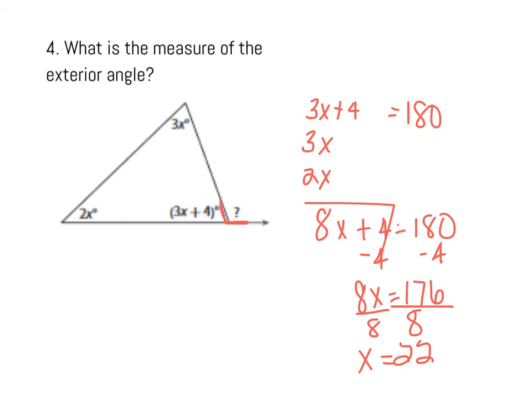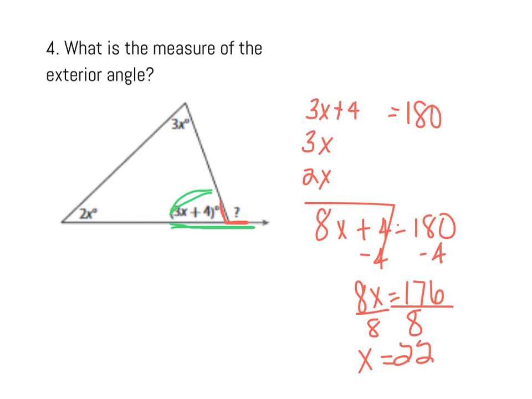So now I need to ask myself, what do I know and where is a relationship between this exterior angle and another angle? There's two different ways we can do this. I know that 3x plus 4 and the exterior angle are supplementary because they're on the straight line. So if I know what this angle is, then I can subtract that from 180 to get the opposite.